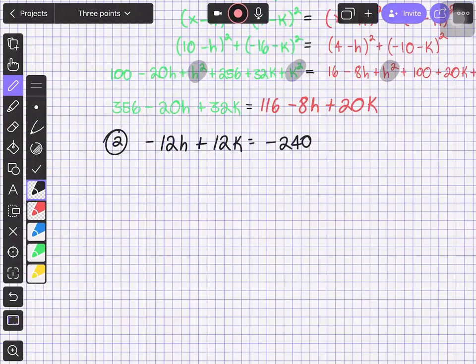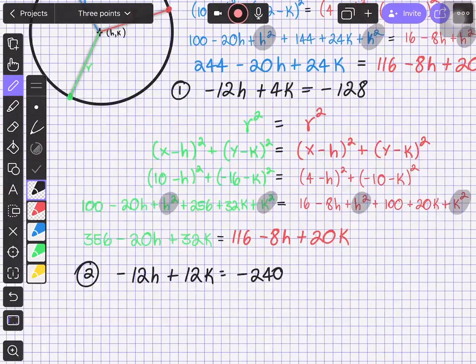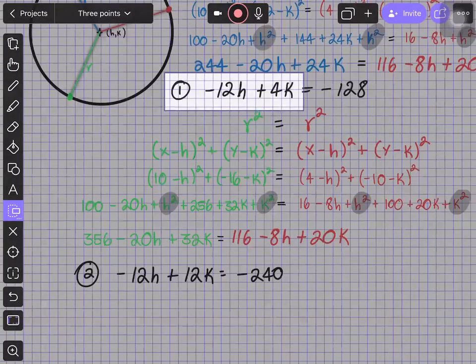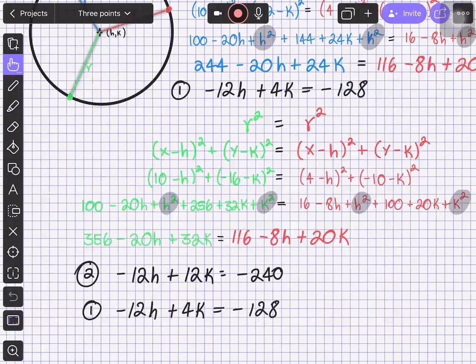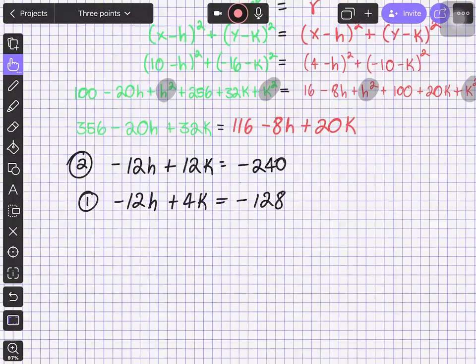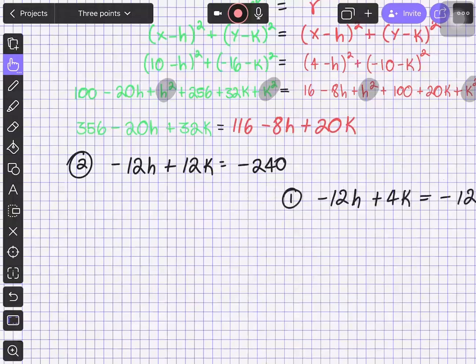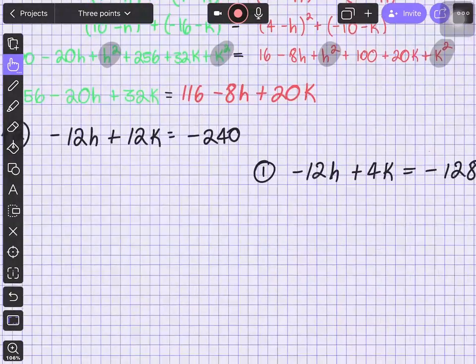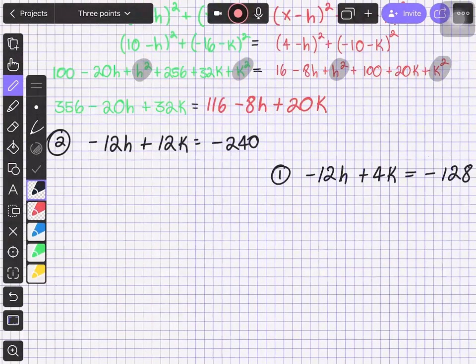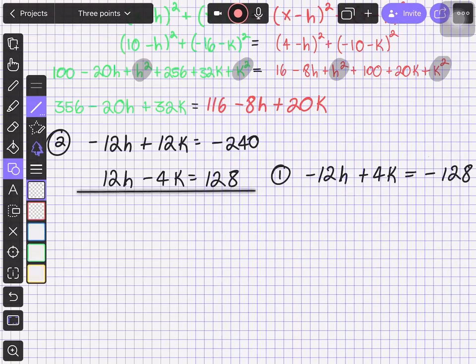So now we bring our first equation, and you see we can solve it. Let's multiply the first equation times negative 1. Let's put it over here. So we will have 12h minus 4k equals 128. We can do the addition now.